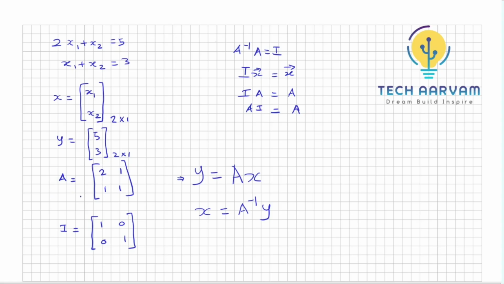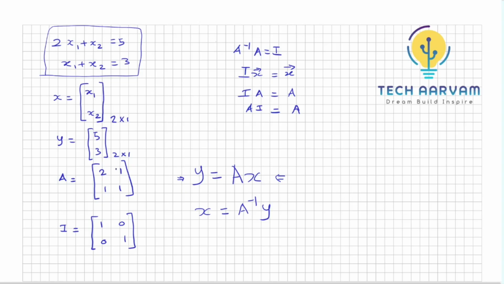Once we have introduced these variables, we can write the problem as y equal to Ax in the form of matrix operations. The equation highlighted here, y equal to Ax, is exactly equivalent to the two equations written at the top of the screen.